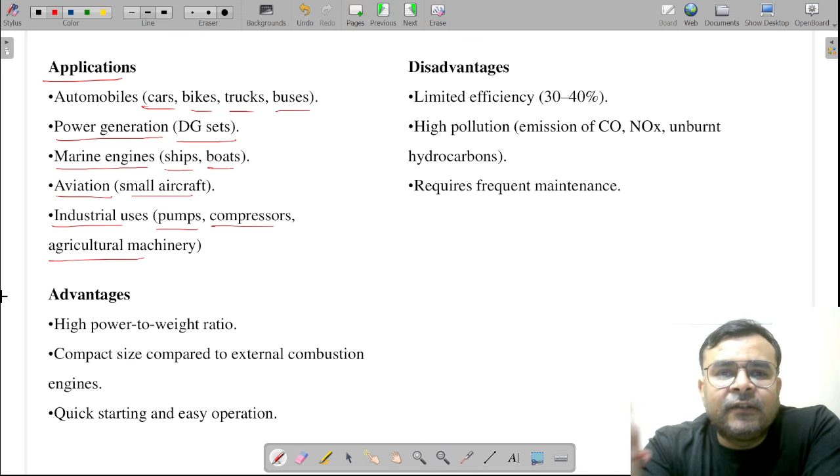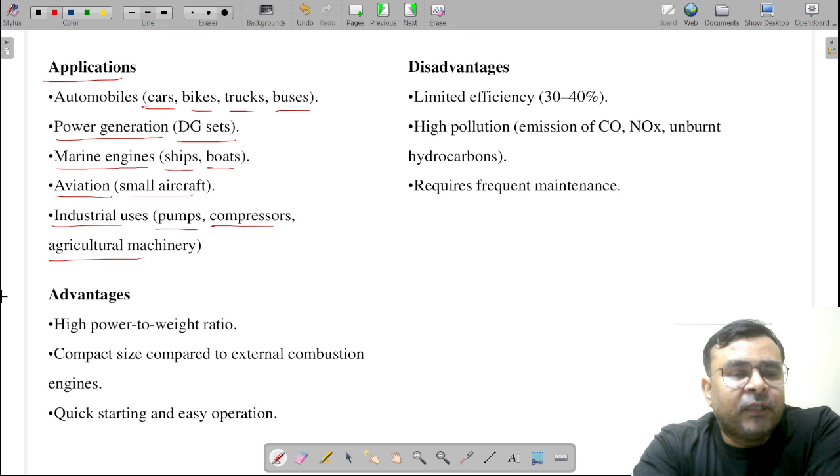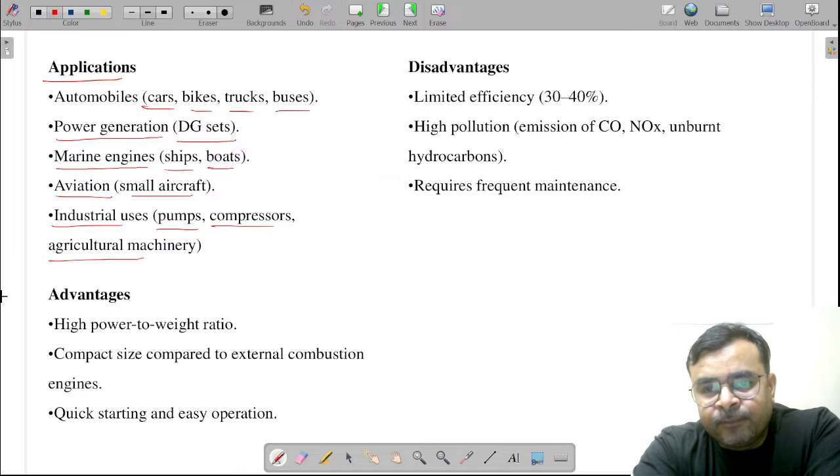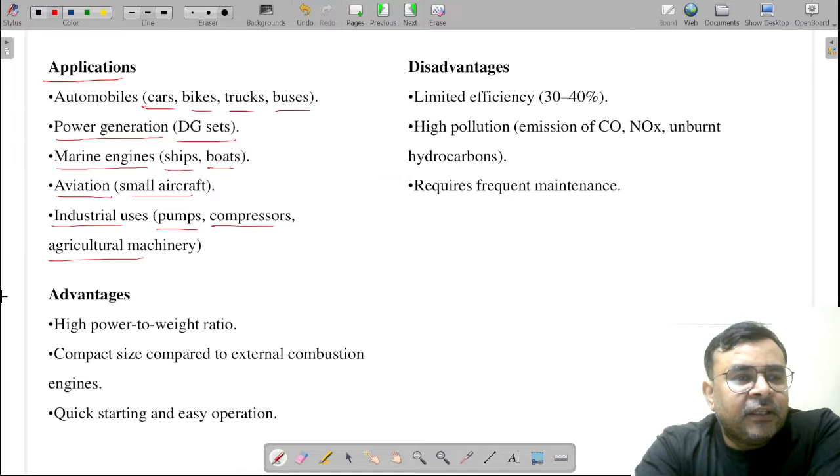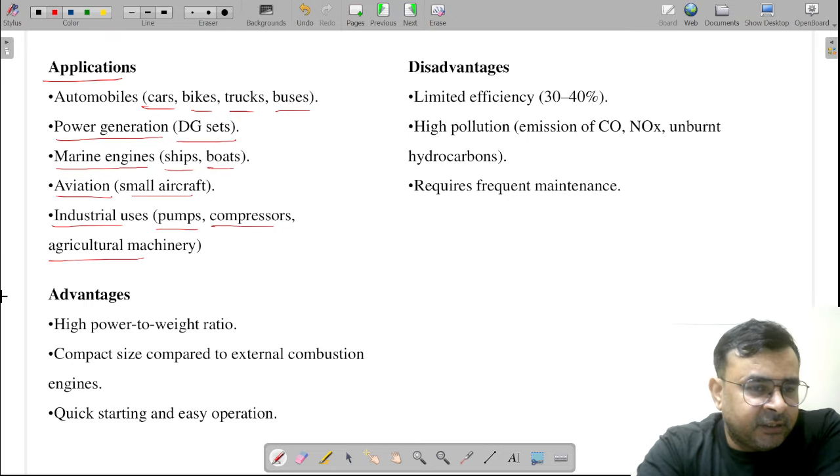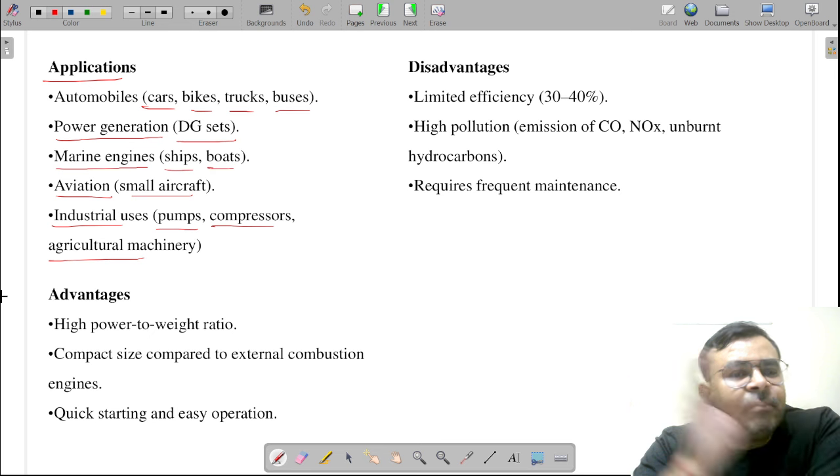You are driving a bike or car, and these are run by an IC engine. Of course the electricity generator DG set is also run by an IC engine, and the compressor too. Even many agricultural machines, small machineries, are also run by an IC engine. So we have a vast range of applications of the IC engine.